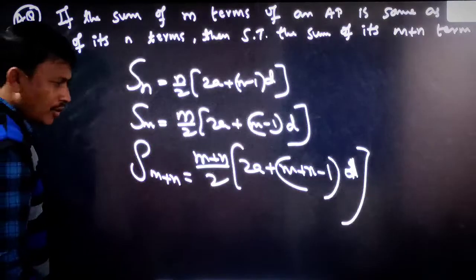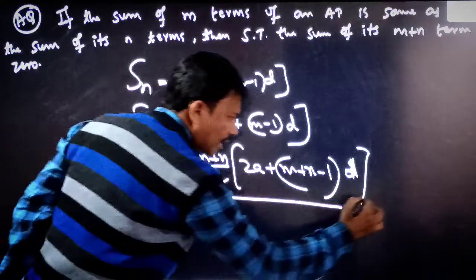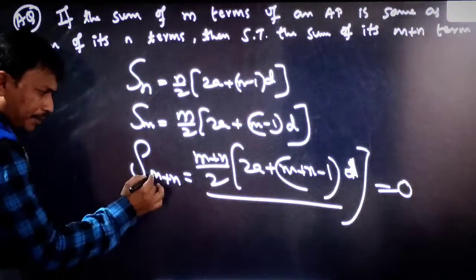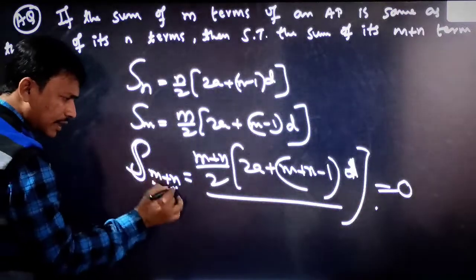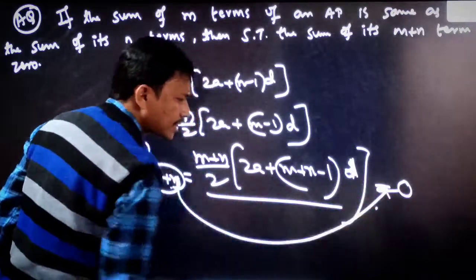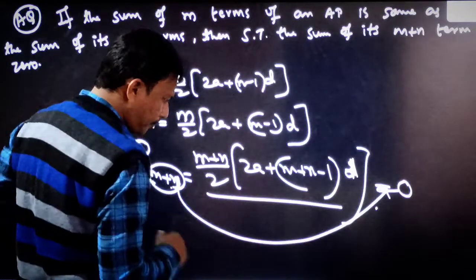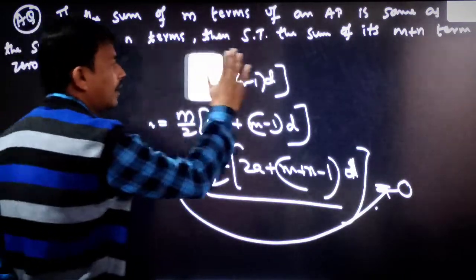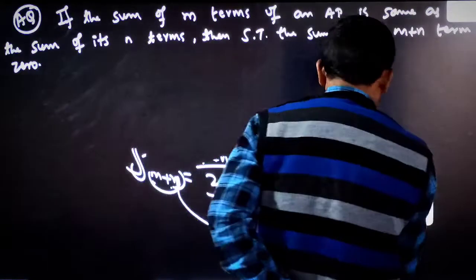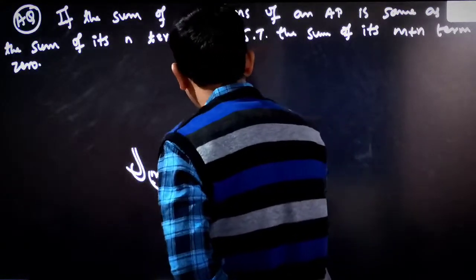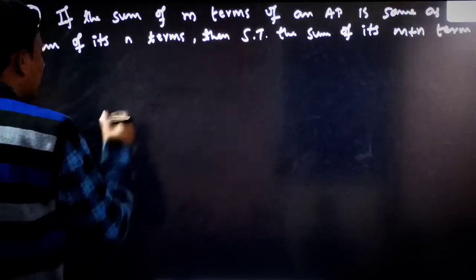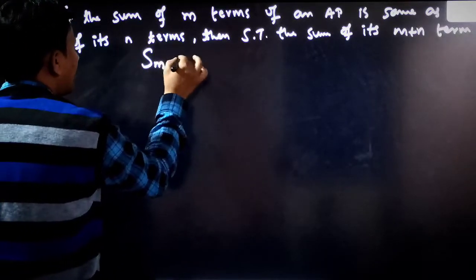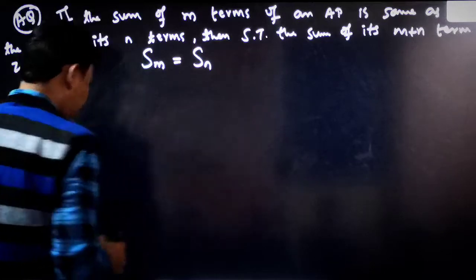Understood? What we need to prove? The sum of m plus n terms is 0. This I need to prove. Understood? According to the question, the sum of m terms is equal to the sum of n terms. That means Sm is equal to Sn.